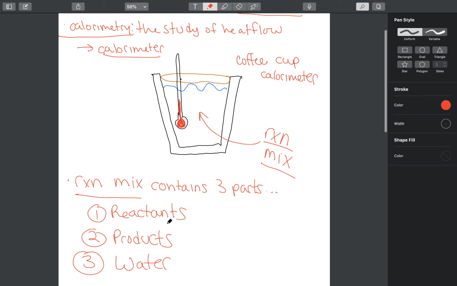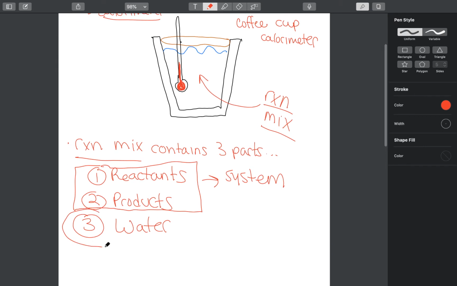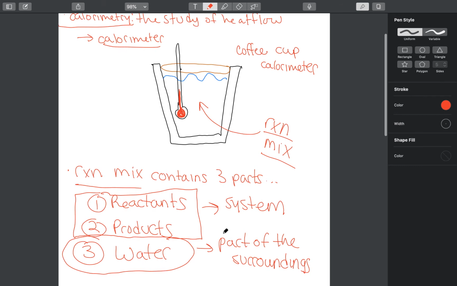Now, the reactants and products are what comprise the system, while the water makes up your surroundings. So it's part of the surroundings, the water.